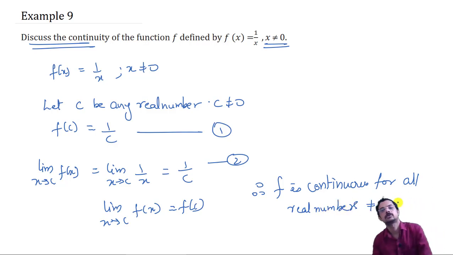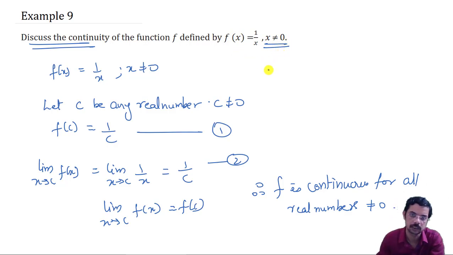At x equal to 0, the function is not defined and it is not in the domain of f, so we need not worry about whether it is continuous or not there. The function is not continuous at x equal to 0 because the function itself is not defined there.